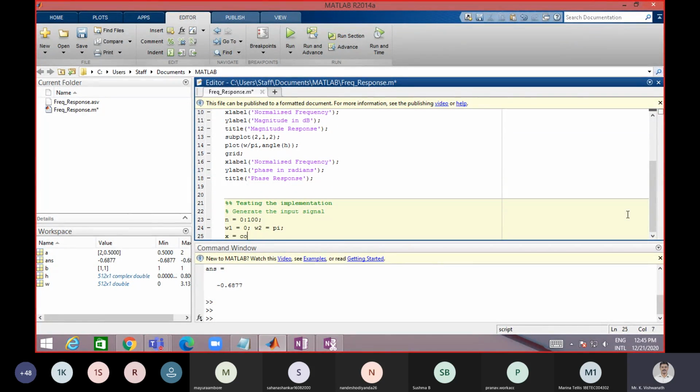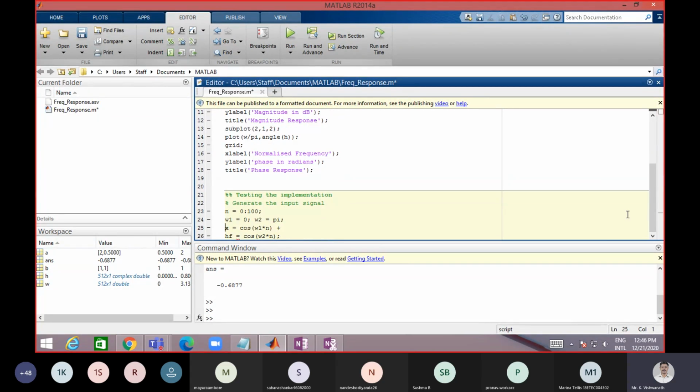X is equal to cos omega 1 n plus cos omega 2 n. Okay, so we can call this the low frequency component and this the high frequency component.